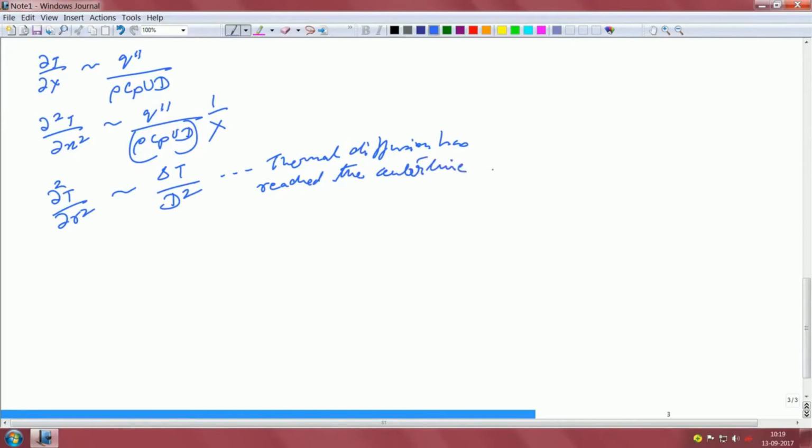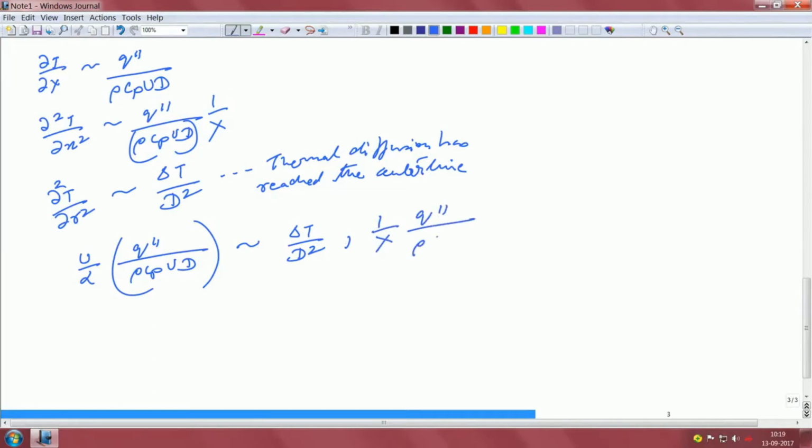Got it? So, let us now take term by term. The first term will be u by alpha times q double prime over rho Cp u d. That is the first term. This should be delta T by d square, the radial diffusion term. And you have 1 by x times q double prime over rho Cp u d. That is the axial conduction term.